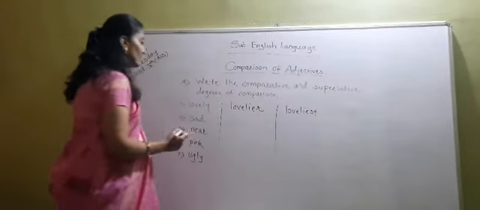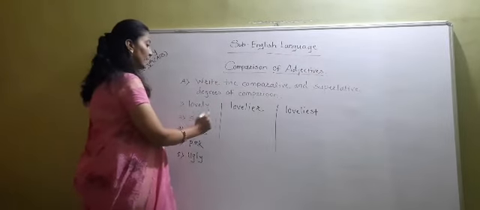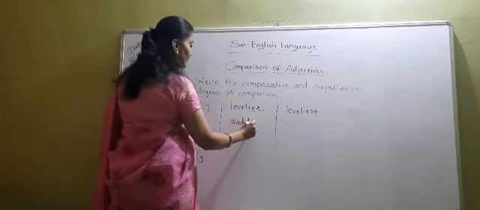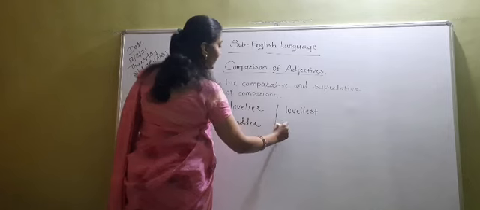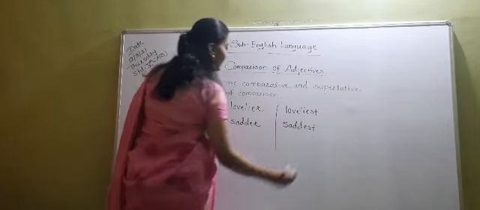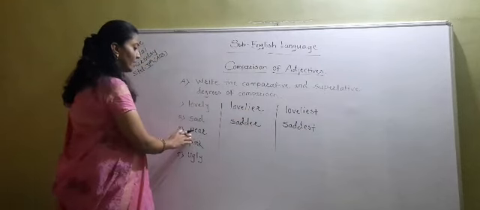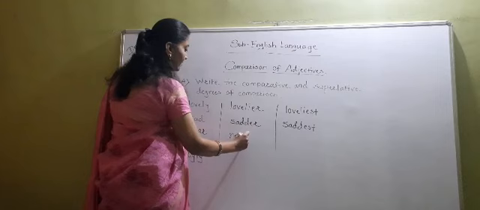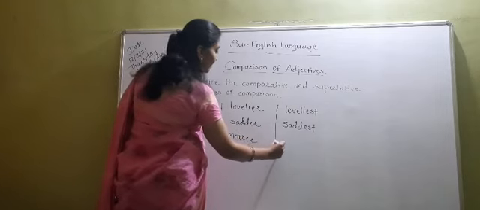Okay. Now next one is sad, sadder. And superlative, saddest. Saddest. Then near, nearer. And nearest.